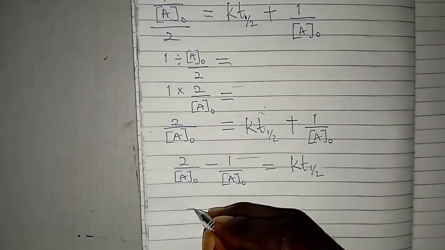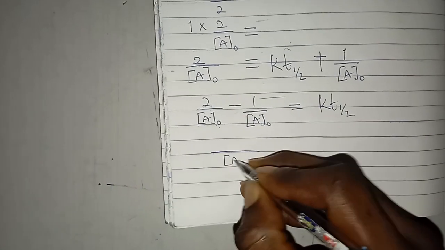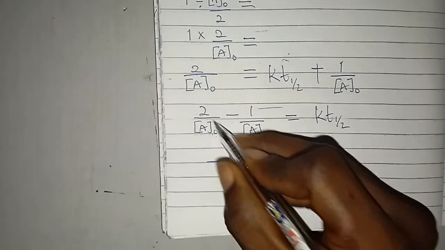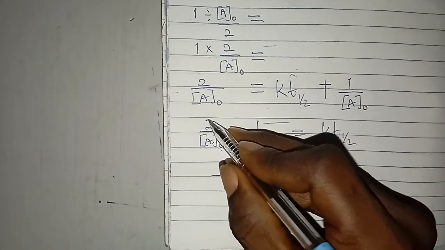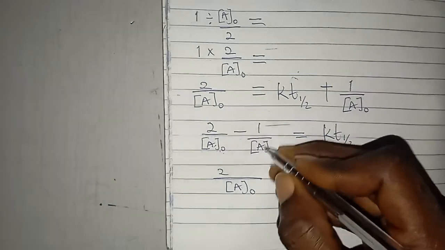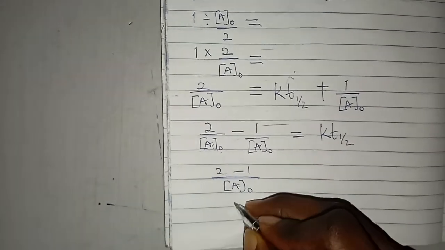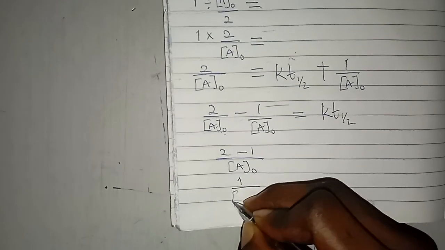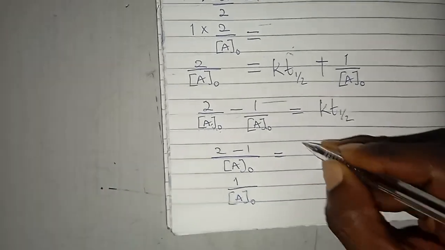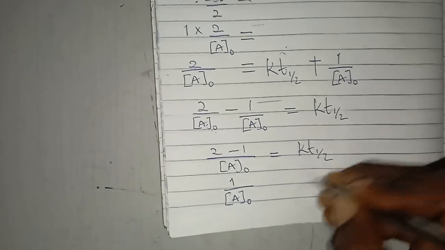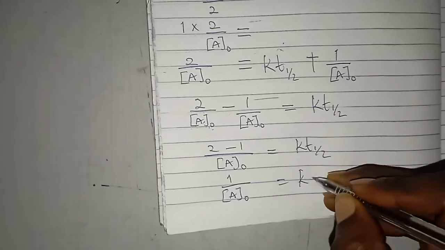Just bring out the initial concentration: 2 minus 1 is 1. So 1 over initial concentration is equal to KT half.